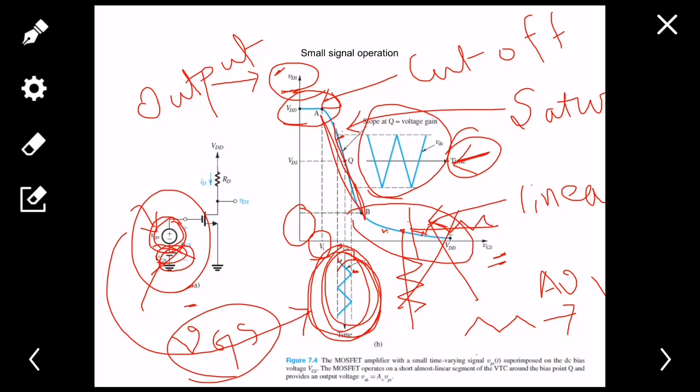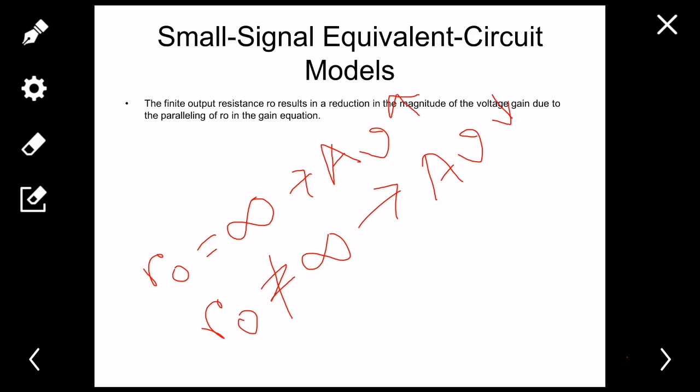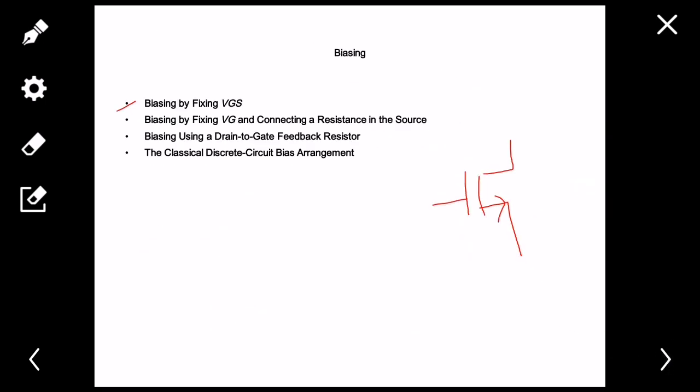I'm biasing the whole NMOS operation to the saturation region. That was my goal. This certain biasing can have different techniques. So I'm now talking about biasing techniques. The easiest one is to simply give a DC, just biasing by fixing VGS. This scheme is known as biasing by fixing VGS.